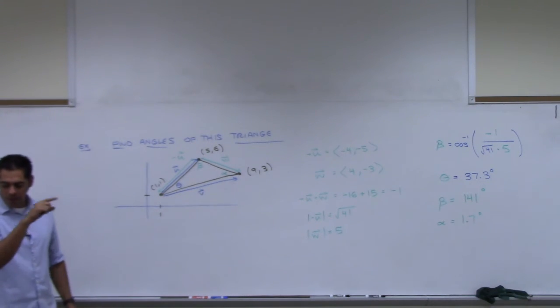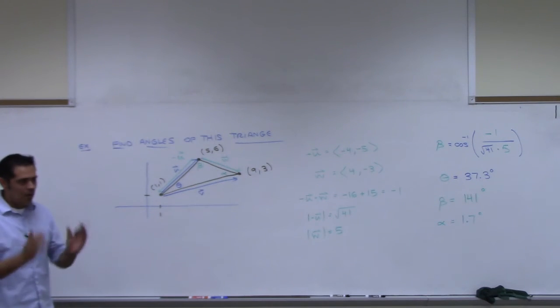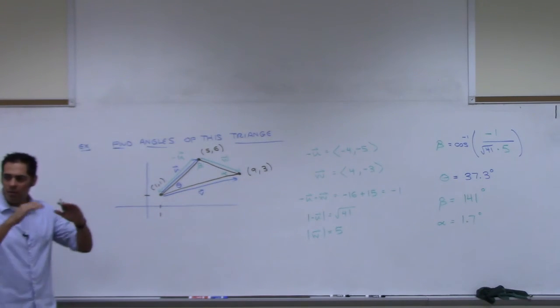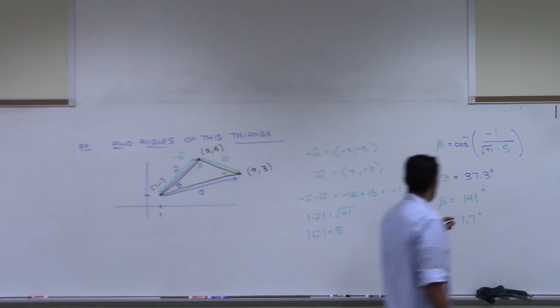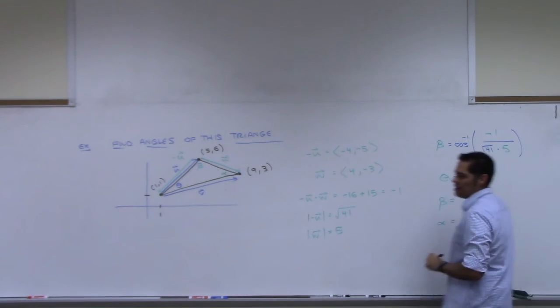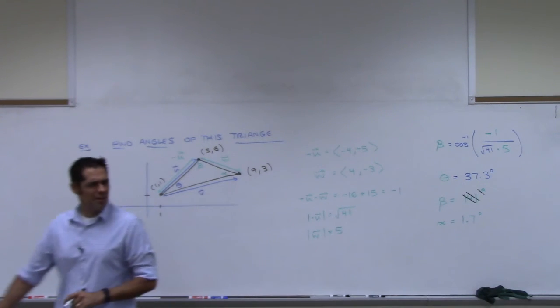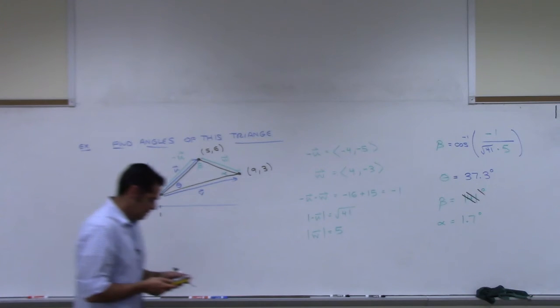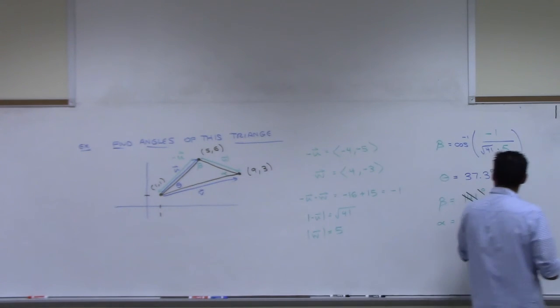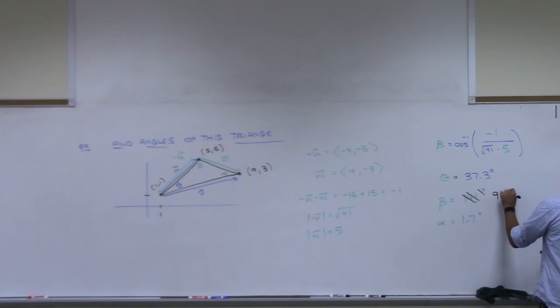When you did the negative 1 over, you need all that stuff, 5 times root 41, all in parentheses. Okay, change this. Thank you. I'm glad you said something, because my drawing didn't seem like it should be that small for alpha. 91.8. That makes a little more sense.